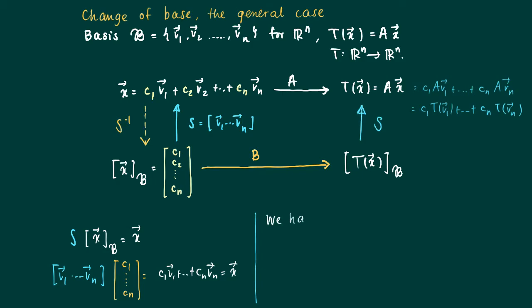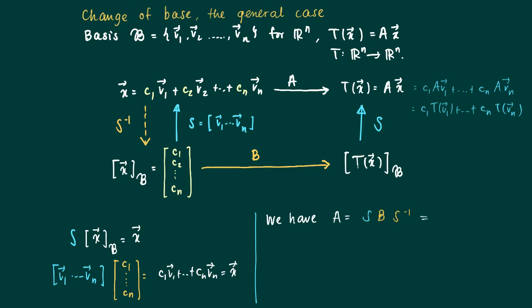So now we have a commutative diagram. If we would first apply S inverse to get x expressed in terms of the new basis beta, then apply B, and then S again, we basically walk around and we get T of x.